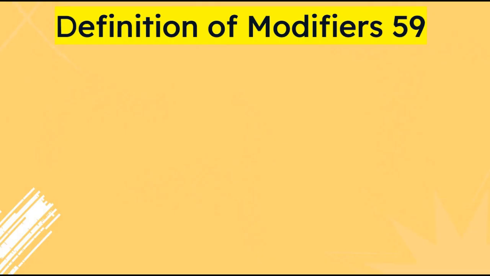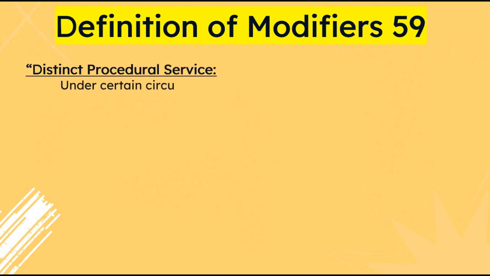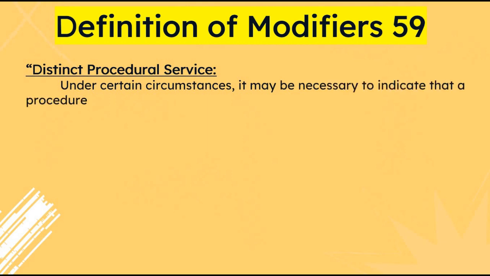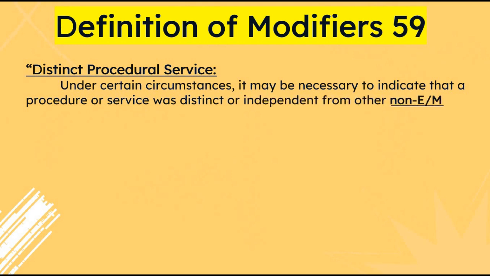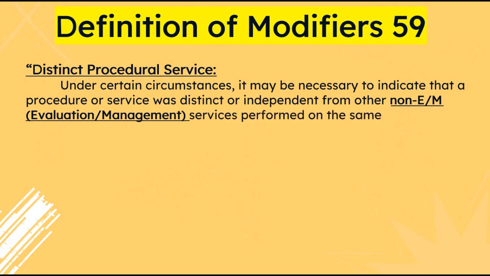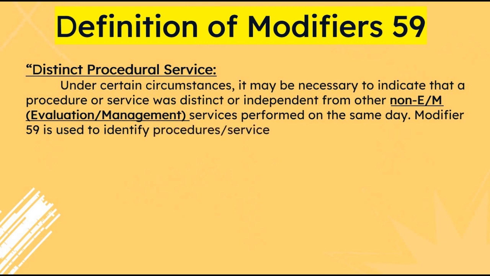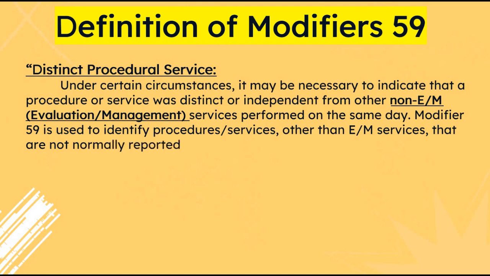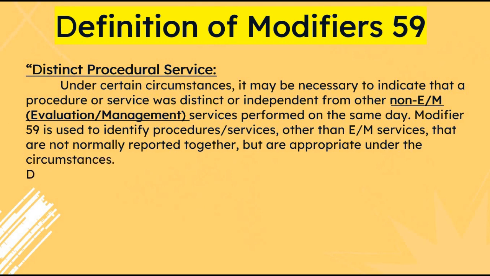So guys, now the definition of modifier 59. Modifier 59 is a distinct procedural service. Under certain circumstances, it may be necessary to indicate that a procedure or service was distinct or independent from other non-E/M evaluation and management services performed on the same day. Modifier 59 is used to identify procedure services, other than E/M services, that are not normally reported together but are appropriate under the circumstances.